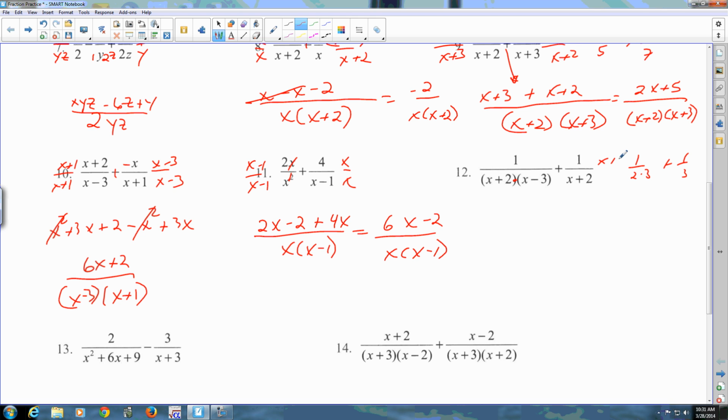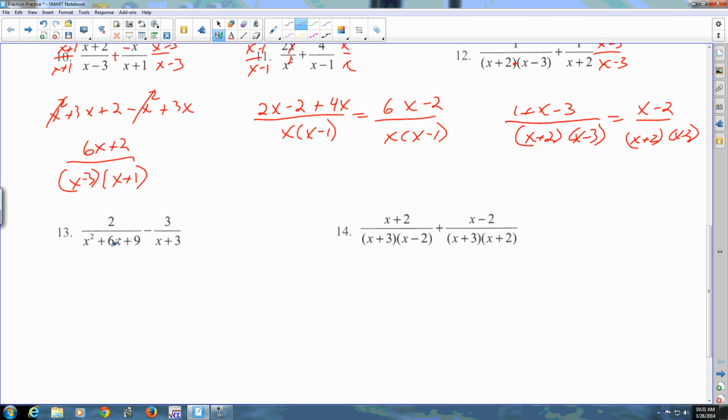This one needs an x minus 3, top and bottom. Alright, so your LCD is x plus 2, x minus 3, 1 plus x minus 3. So that would be x minus 2 over x plus 2, x minus 3.